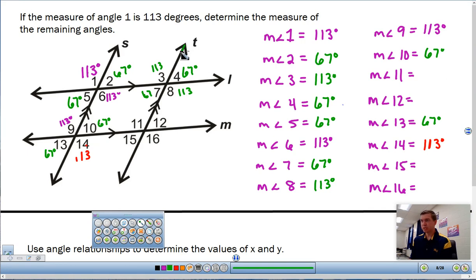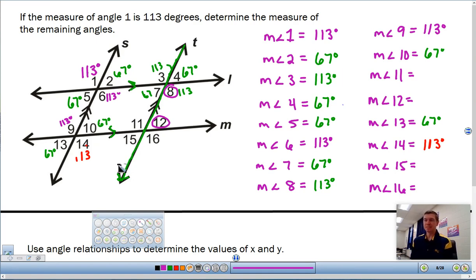Looking at transversal T and noting that L and M are parallel. Something is going on with my Mobi. 8 and 12 have what relationship in this transversal and parallel line set? They are same side interior.